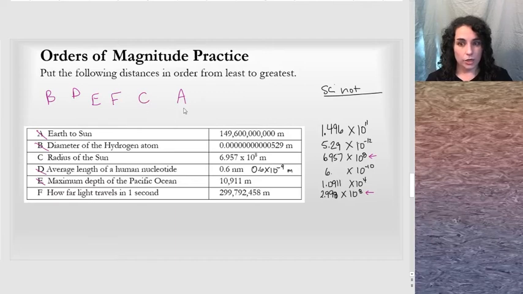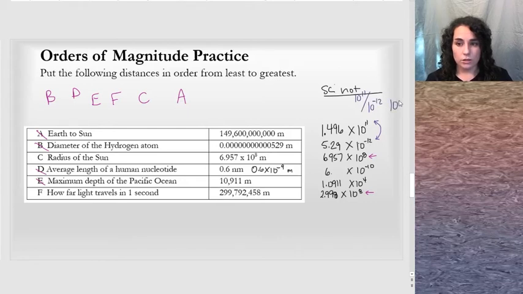And that's how scientific notation makes it easy for us to compare the orders of magnitude. Do you see that? How many orders of magnitude? And that's how we would say that. Between these two, how many orders of magnitude? 10 to the 11th divided by 10 to the negative 12th.